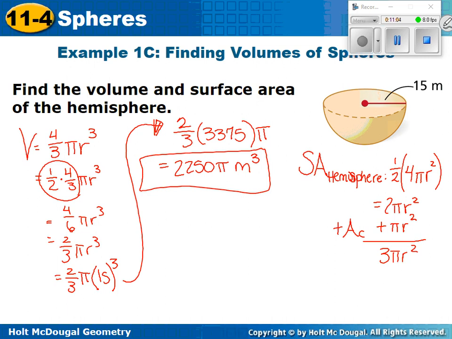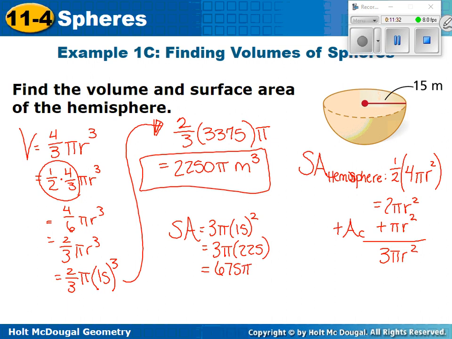Are we clear on the concept as far as the process? So what's the radius? 15, so let's plug it in. Surface area equals 3 pi times 15 squared. 15 squared is 225. So what is 3 times 225? 675 pi.